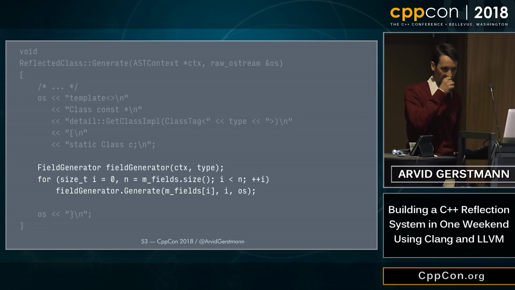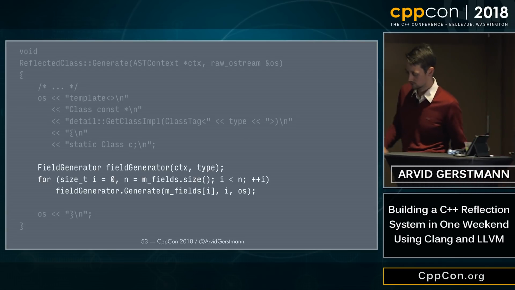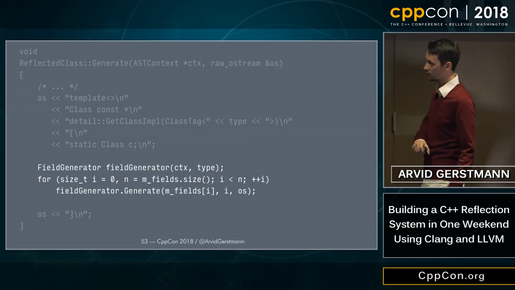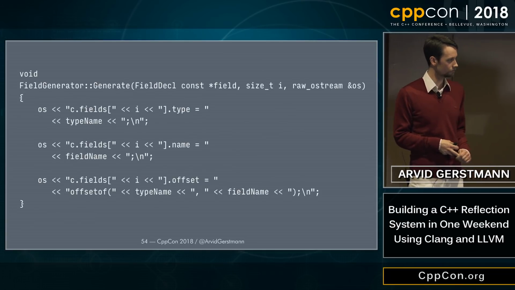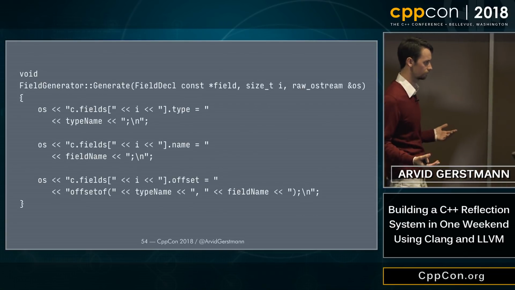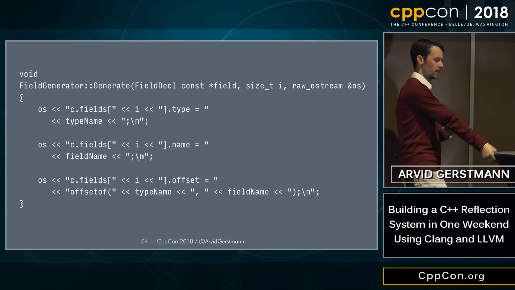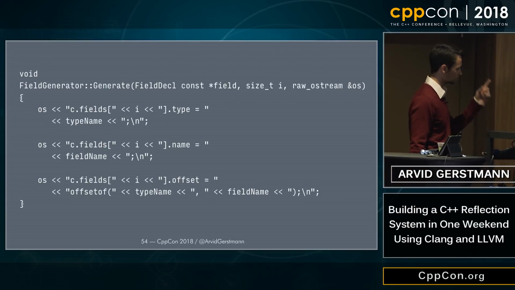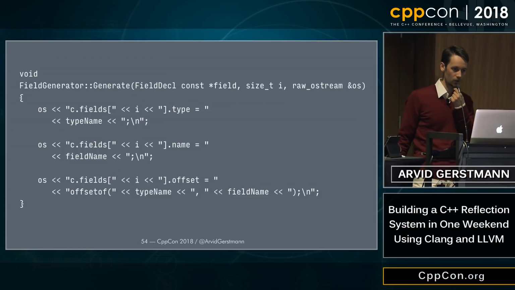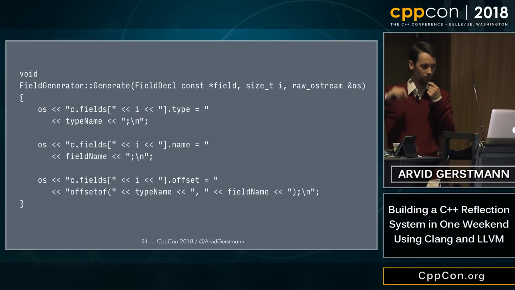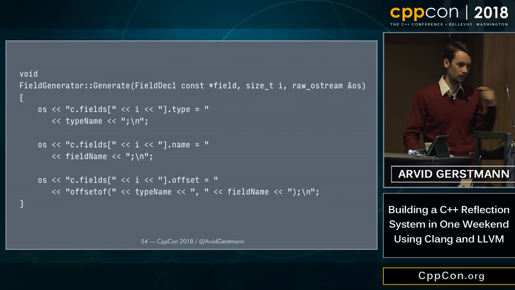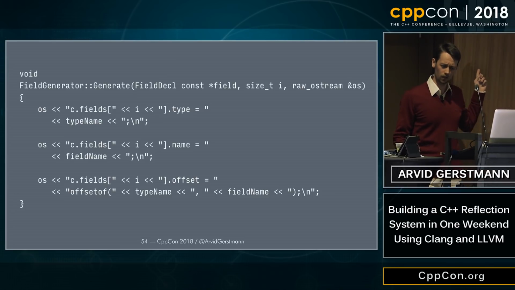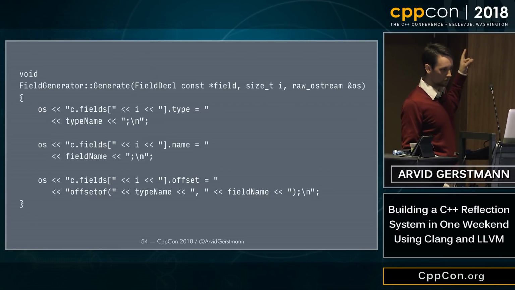So with that in mind, we take a look at the field generator. The field generator is reasonably simple because if we're honest, the information we actually have is just like 3 member variables. So we take a look here. We generate the field. We generate information for each of the fields.